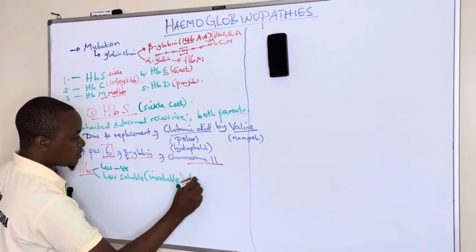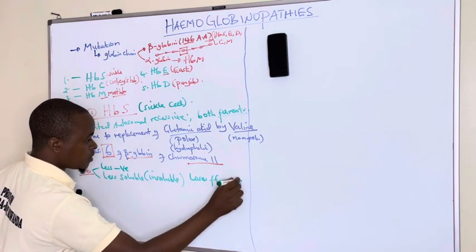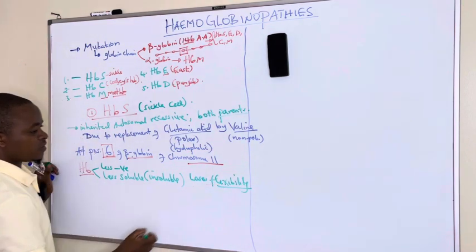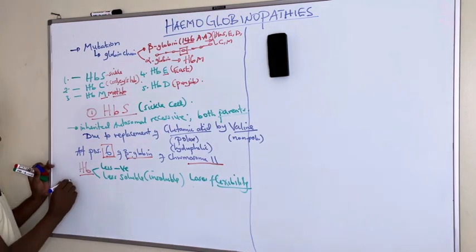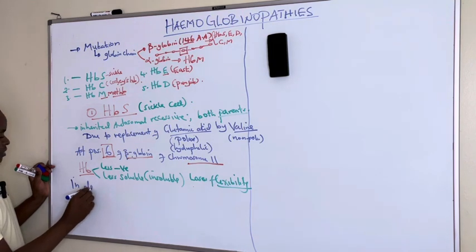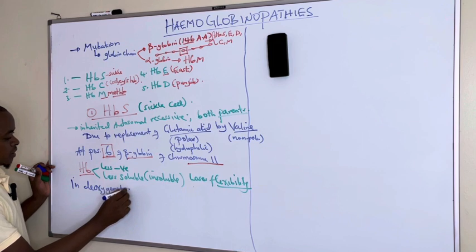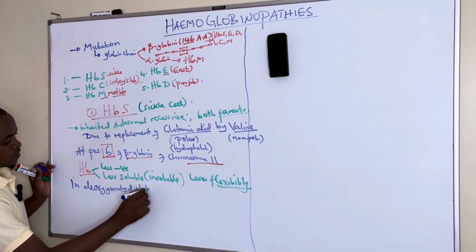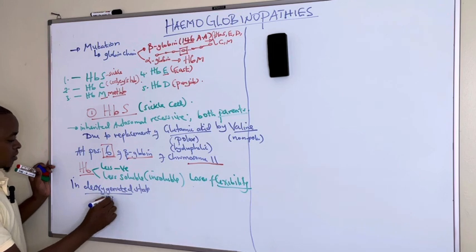It loses flexibility. And when it becomes insoluble and loses flexibility, this hemoglobin is able to cause polymerization, that is in the absence of oxygen, or hypoxia.